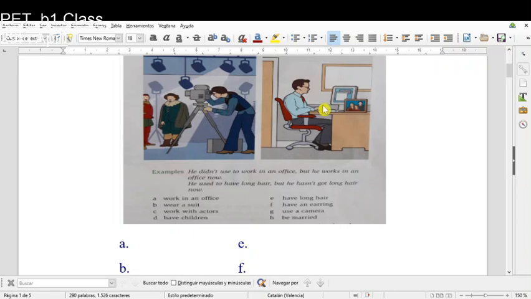It's something from the past, not now. Have an earring. Oh, here, he's wearing an earring. Here, no earring, I think. No earring? I don't think so. I can't see it properly. No, not now. Use a camera. Here is something from the past because now he uses a computer.